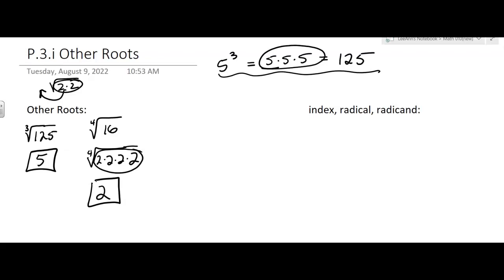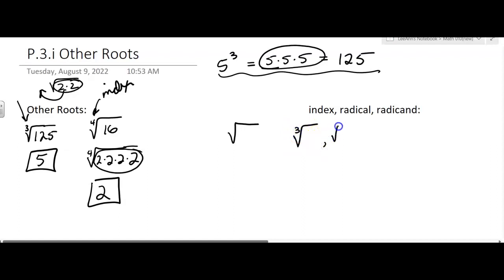Okay, so a little bit of terminology. This number here that I'm writing, that 4 and that 3, that's called the index. Okay, now if you just have the radical symbol like that, that is a square root. You don't have to put the little 2. We all know it's a square root. But any other root, like a cubed root, or a fourth root, or a fifth root, you can just keep going.